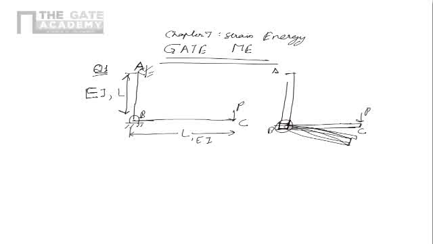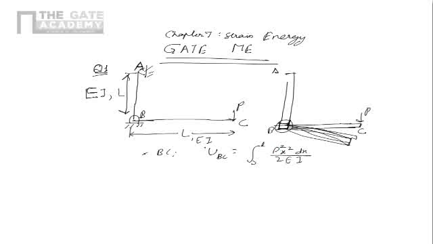For the portion BC, the strain energy, I'll say U_BC, is equal to the integration from 0 to L of (Px)² dx upon 2EI. It is nothing but M² dx upon 2EI integrated over the whole length, where M at any section in BC will be Px, where x is the distance from the load.